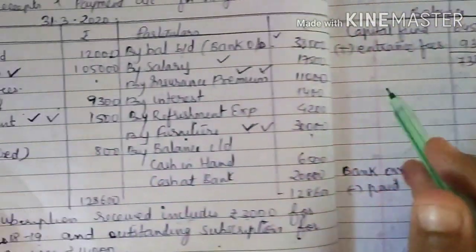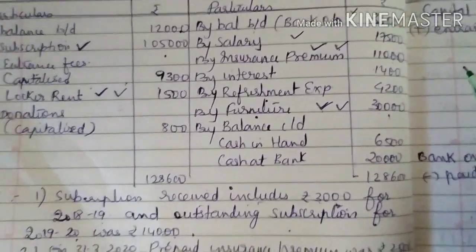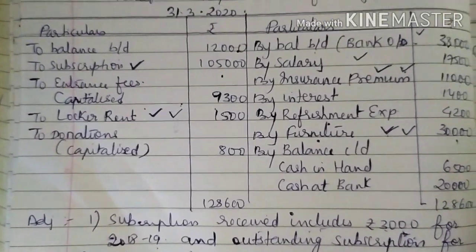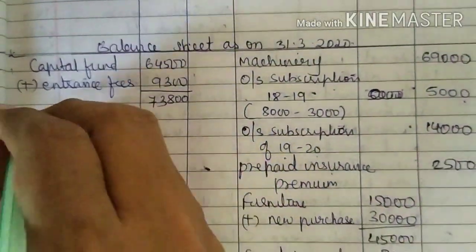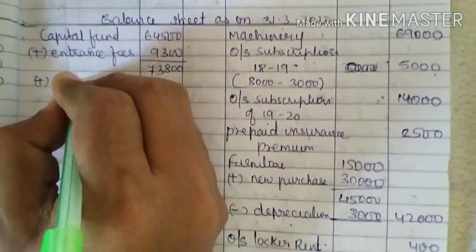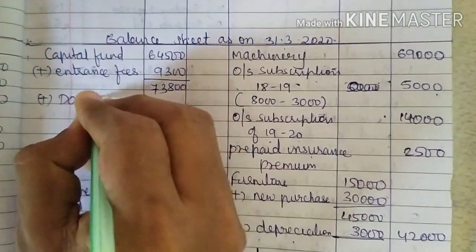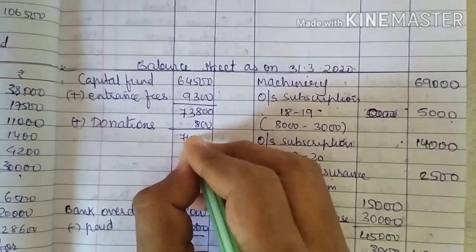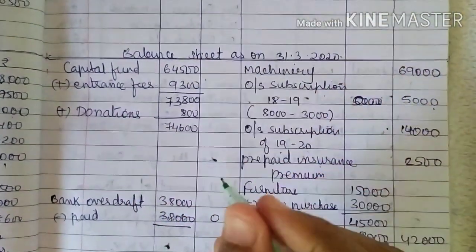Then you have locker rent. Again locker rent we have completed. Then we have donation. Donation is capitalized, so directly add in the capital fund. Donation, it is capitalized, so 800. So 74,600.